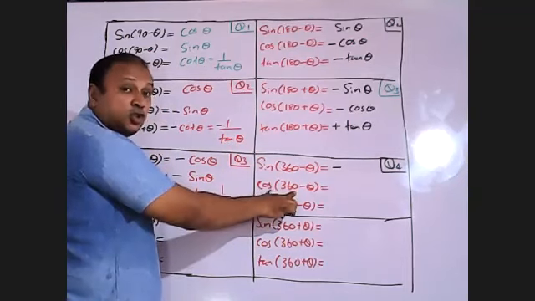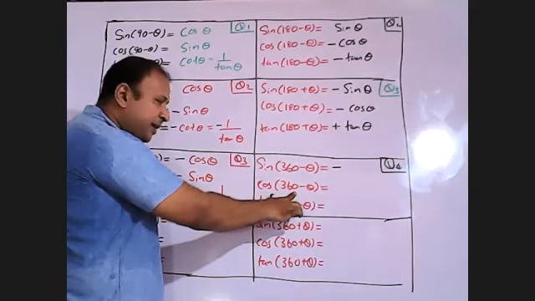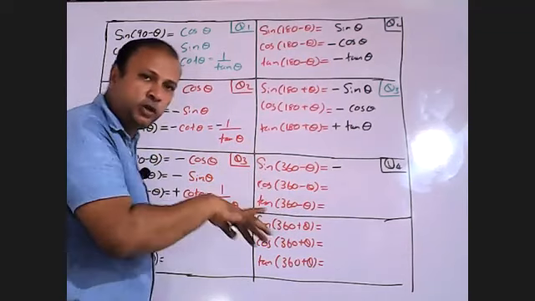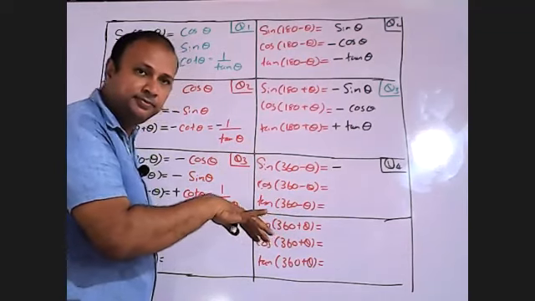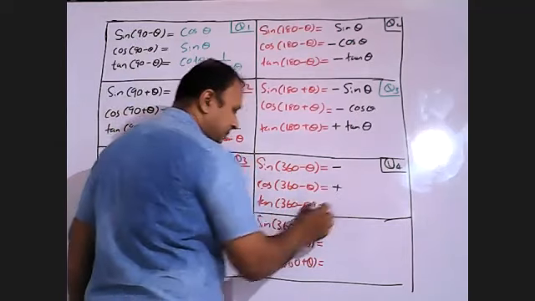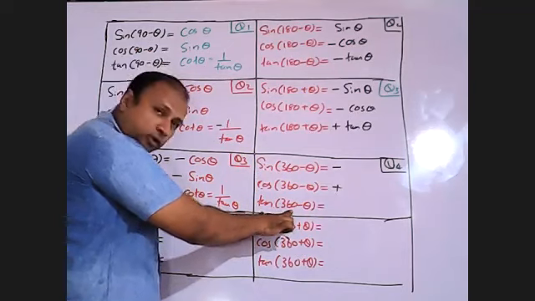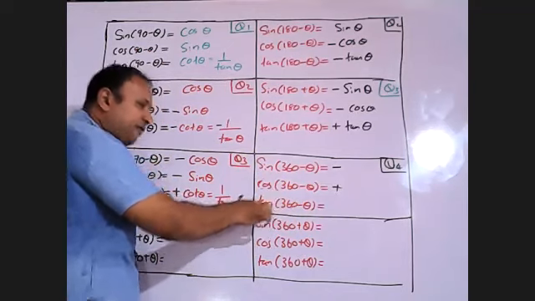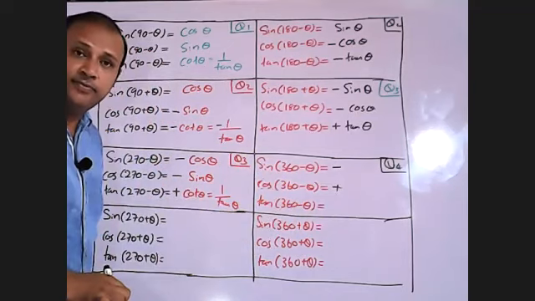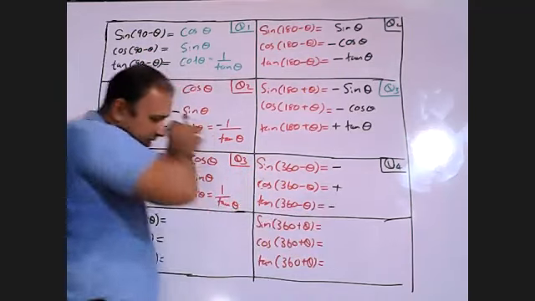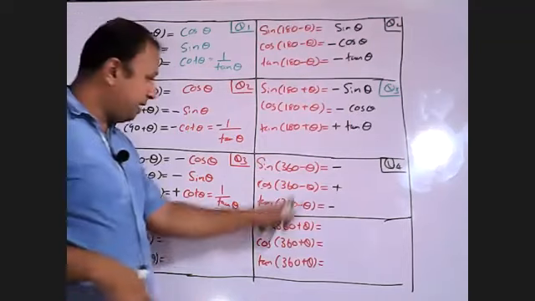Therefore, cos value of this angle is positive or negative? Positive. This angle belongs to fourth quadrant. Therefore, tan value of this angle? Negative.